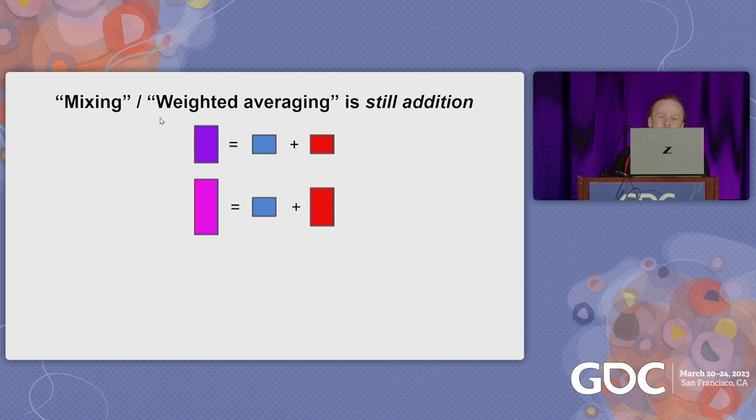Anyway, yes. Mixing and weighted averaging is still addition. Remember this? We use this to think about quaternions. If you add two quaternions together and they have equal amounts, then you get a quaternion that's directly in between them, just like if you add blue and red, you get purple. But you've got to be careful with that amount because you might get a different color.